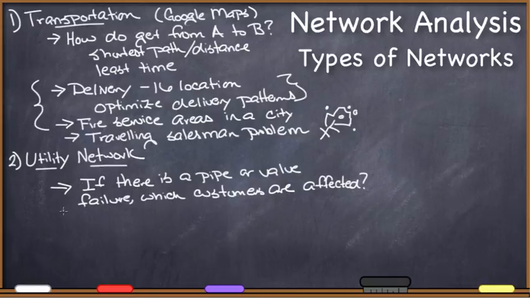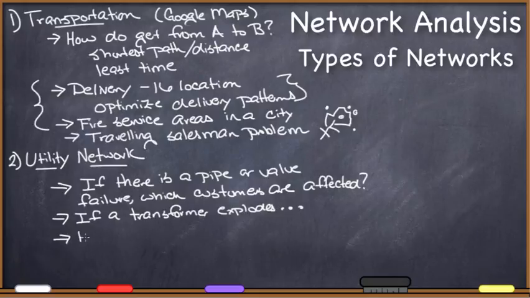If you're talking about some kind of electrical network, what happens if a transformer blows? Which customers are affected by that? You would be able to tell that through the utility network analysis. How can water be rerouted if a pipe needs repair?